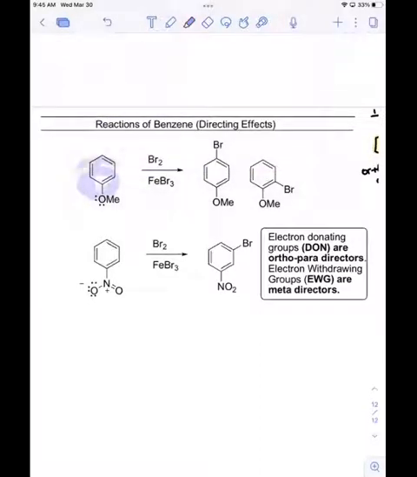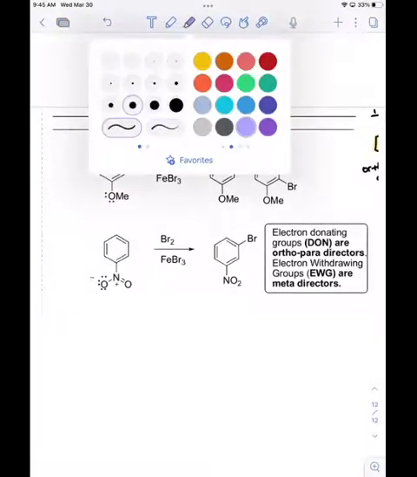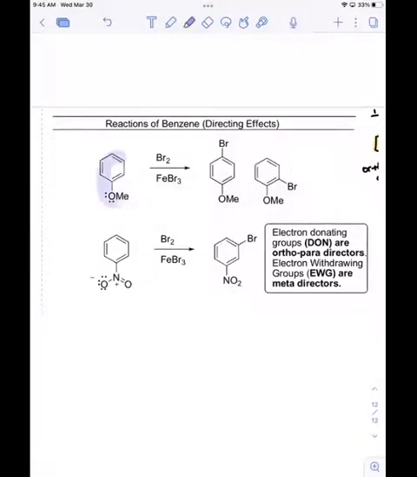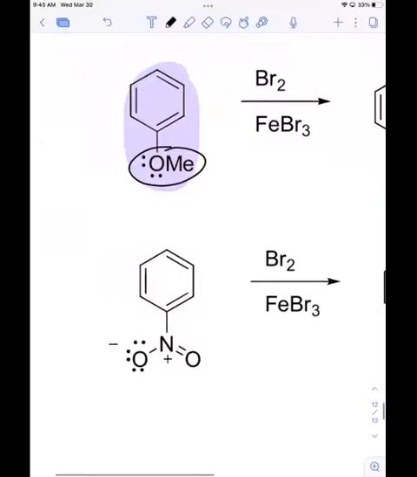For this ring right here, we have a methoxy group attached to it already. So this is anisole.